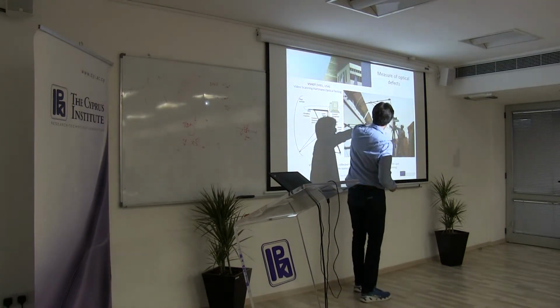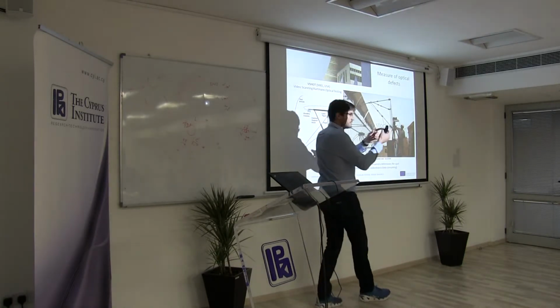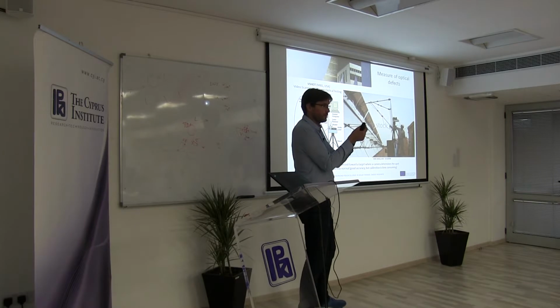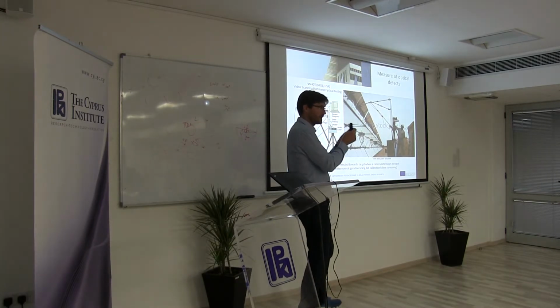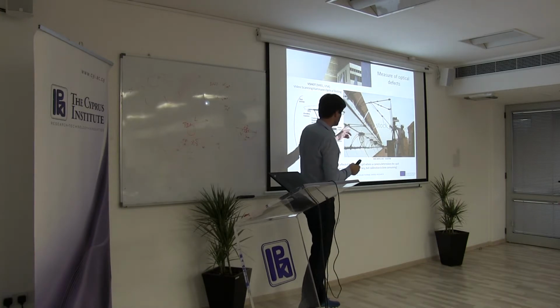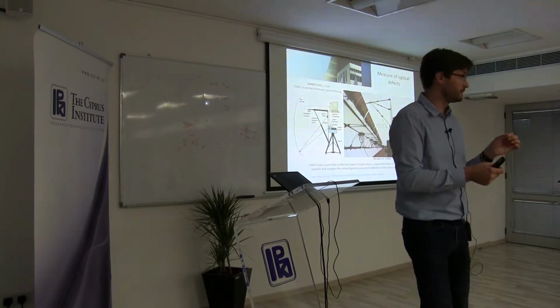And you have the camera here, which is looking back to the screen, and that is looking at the reflection point. If you know all the geometry, then you can predict exactly the position of the reflected spot of the laser.